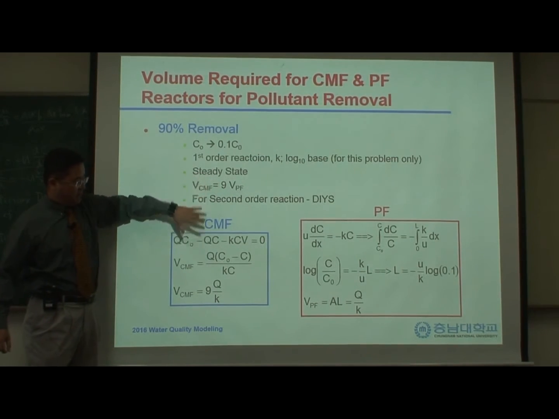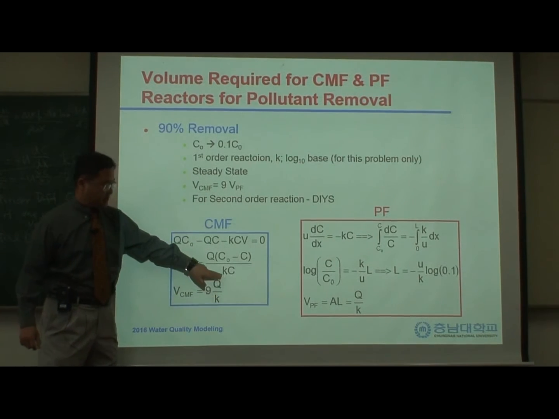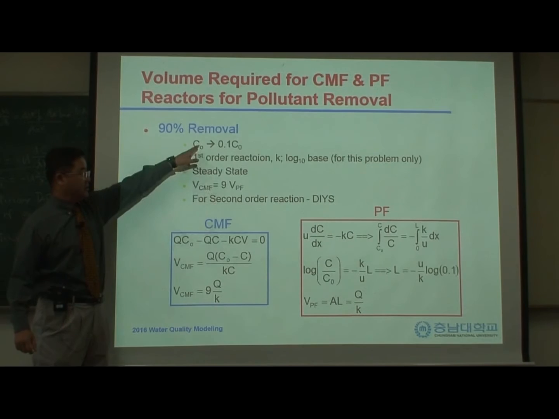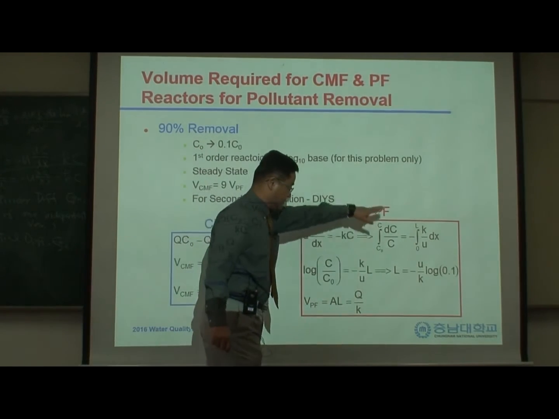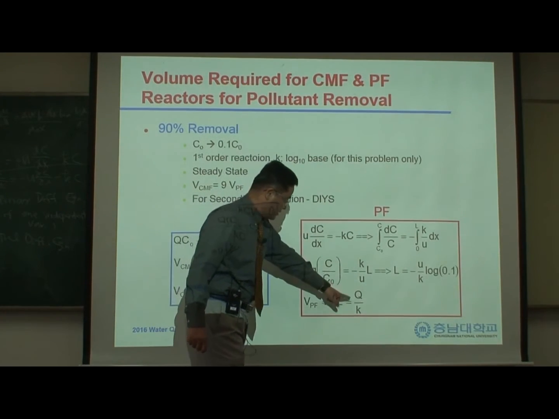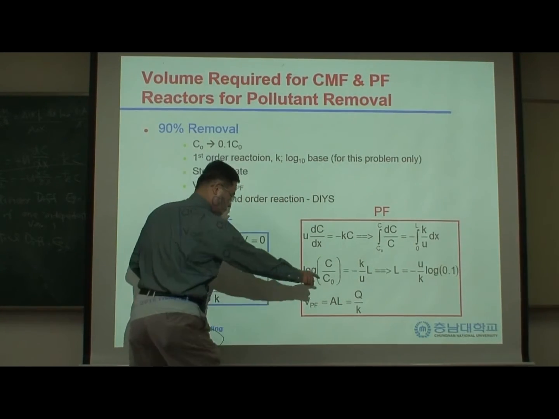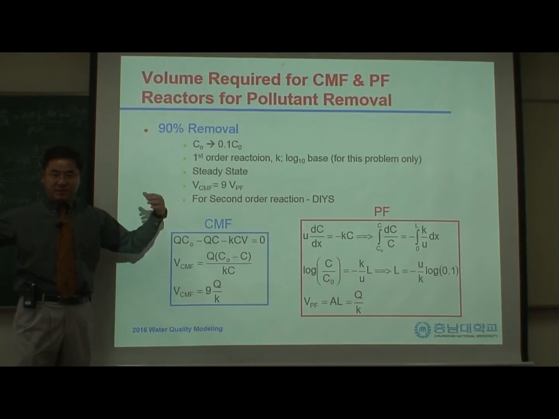If you have a CSTR reactor, your volume will be this much to reach this result. If you have a PFR, and if you can follow this, you will need this much volume. So between this and that, this one is 9 times bigger.